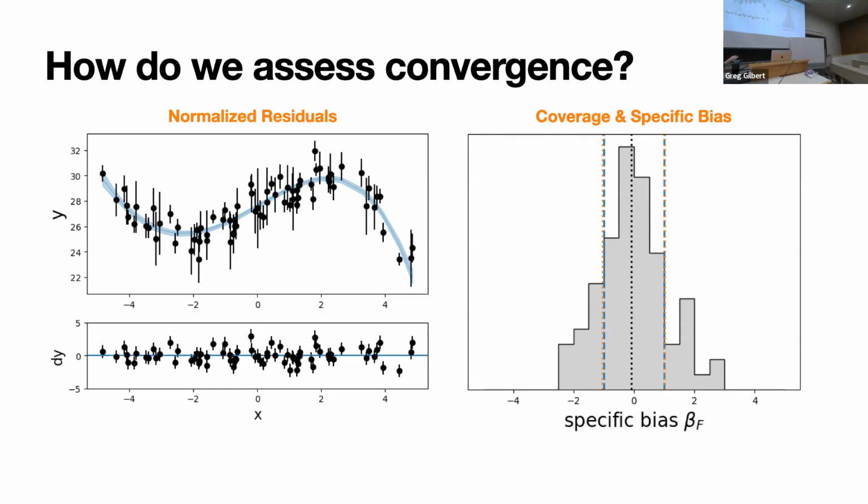Right, so specific bias is again just another fancy term for normalized residuals. If you plot a histogram of the residuals here, you want to see that roughly 68% fall between the lines, plus or minus 1. Remember, we've normalized the residuals, so this should be a standard Gaussian if all of our uncertainties were estimated correctly and the data are in fact normally distributed.